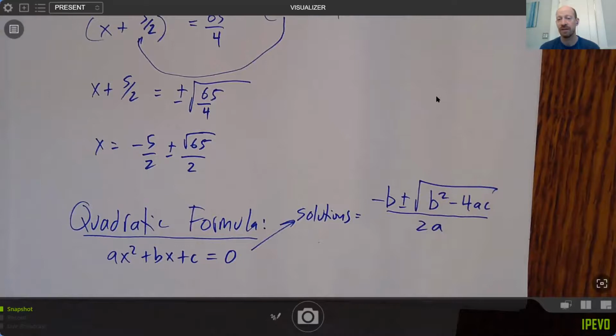So if you haven't seen that before, you really should memorize it. Now you get a note sheet on the final, so you could write it down too. But this is one that you're going to run into a lot. You'll run into it in your next class. It's really worth filing that away so that it's at your fingertips when you need to solve a quadratic.